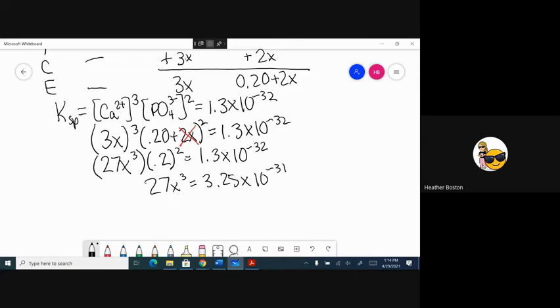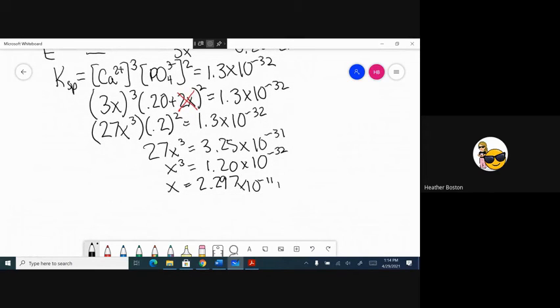Now we'll divide by 27. And we'll take the cube root of that. So my answer becomes 2.297 times 10 to the minus 11.